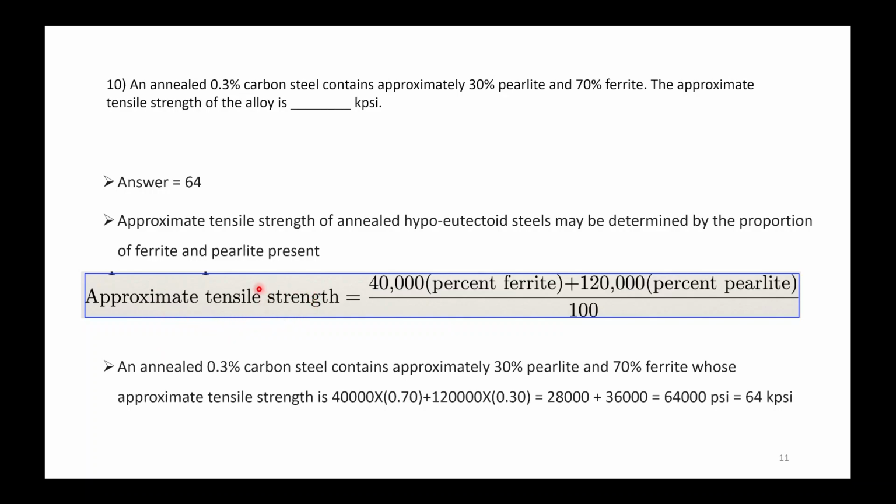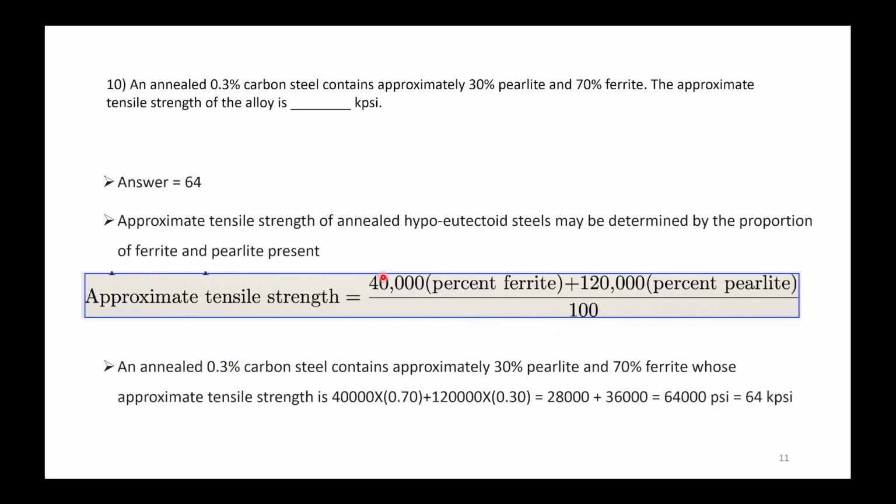So approximate tensile strength for a hypoeutectoid steel depends on the percentage of ferrite and percentage of pearlite. So you have to just multiply 40,000 times the percentage of ferrite plus 120,000 times the percentage of pearlite, divided by 100.